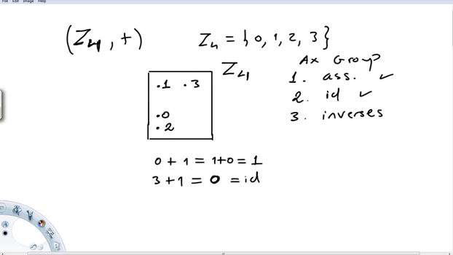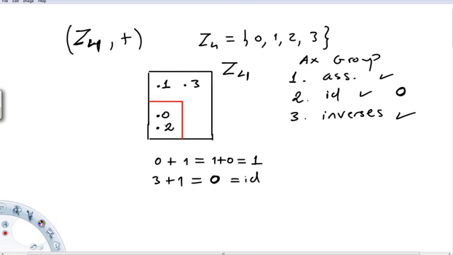And 0 is the identity. Okay, well, the identity here is 0, right? So you can check that all the elements have inverses, so this is a group, right? Z4 under the operation plus is closed for the operation and is a group under this operation.